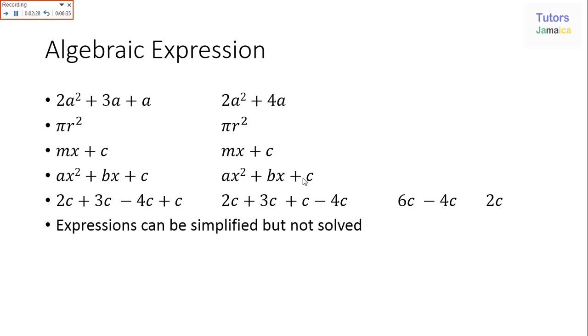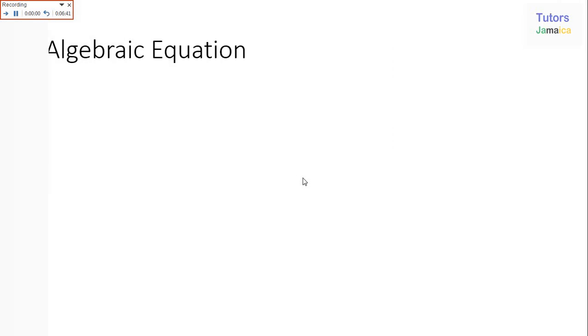Expressions can be simplified, as I said, but they cannot be solved because we don't know what they're equal to. So algebraic equations, on the other hand, can be solved.